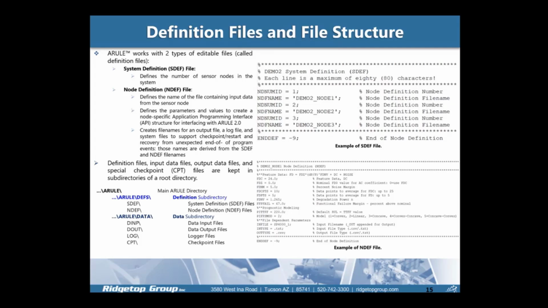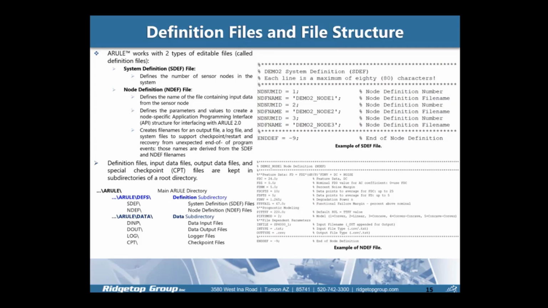The node definition also defines your prognostic parameters and values, anything you see in that input data that you want to feed into ARULE. And then also directory paths for output file, log file, and system files. And another feature we call the support checkpoint restart, which I'll talk about later.